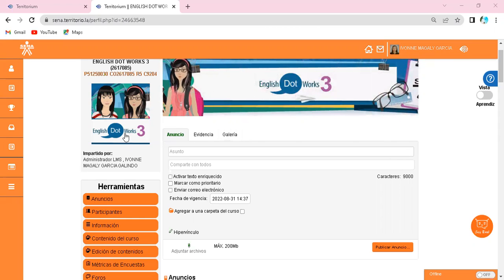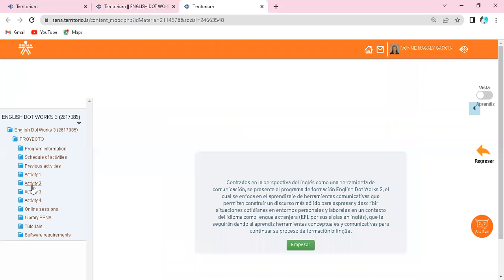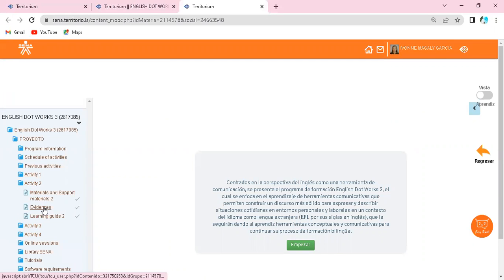So let's go to course content, contenido del curso, proyecto, activity 2. We are in activity 2. Pieces of evidence.